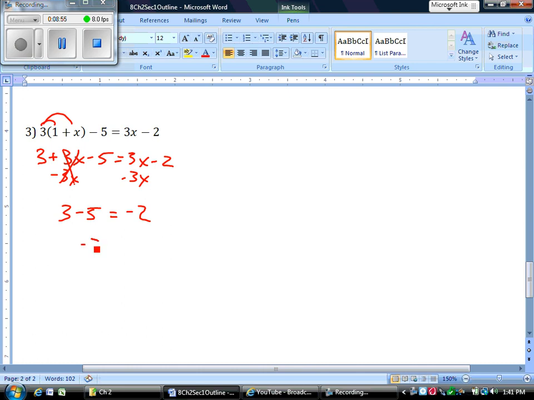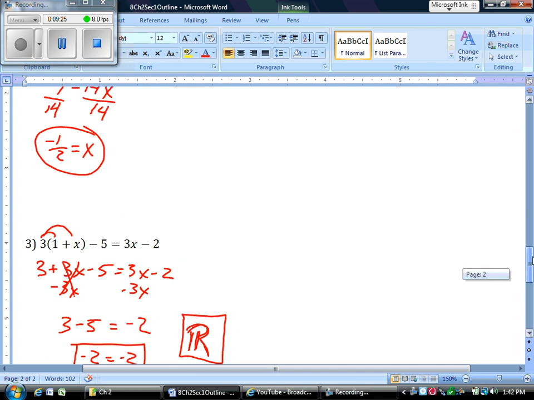Okay, 3 minus 5 is negative 2, and I end up with negative 2 equals negative 2. What this means is that I have infinite solutions, and so my solutions are all real numbers. That's the symbol for it. Okay, it's just 2 lines, then put an R. That means I can plug in any single number that I want for x, and it makes the equation true.